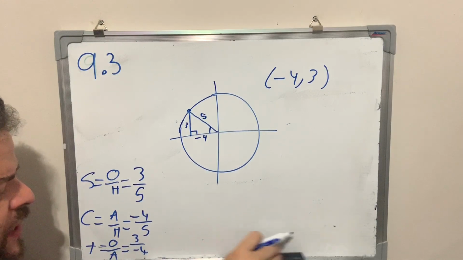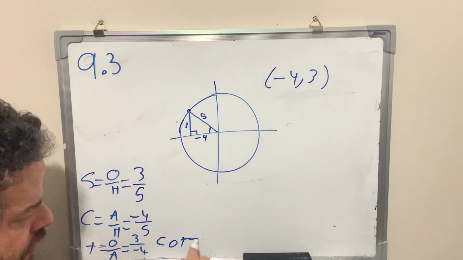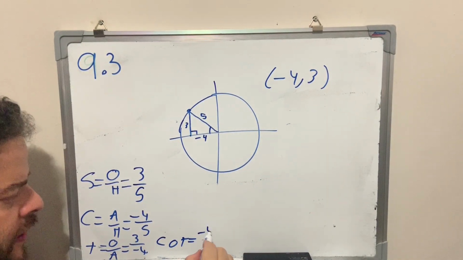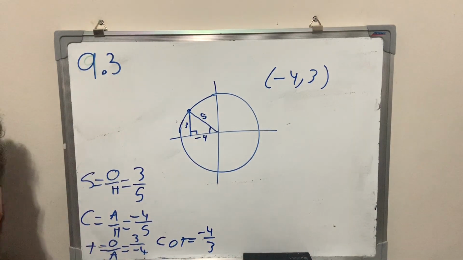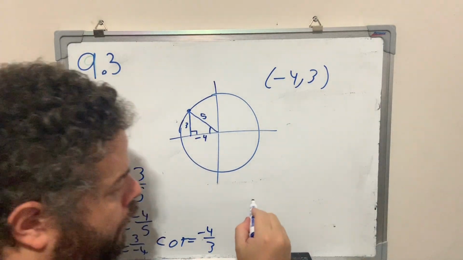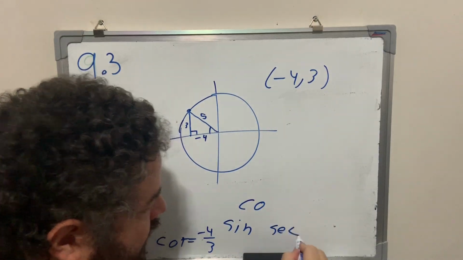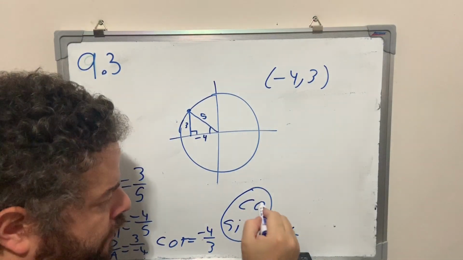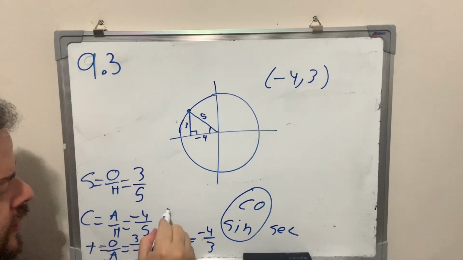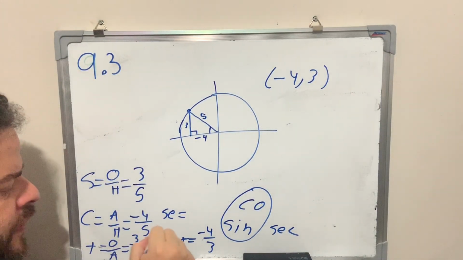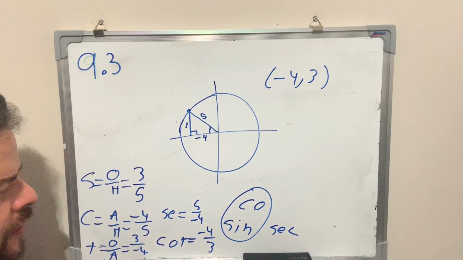Now we go over the inverse. The inverse of tangent is cotangent, and all I do is reciprocate these. I flip them. The inverse of cosine is secant, so secant would be the reciprocal of this, 5 over -4.